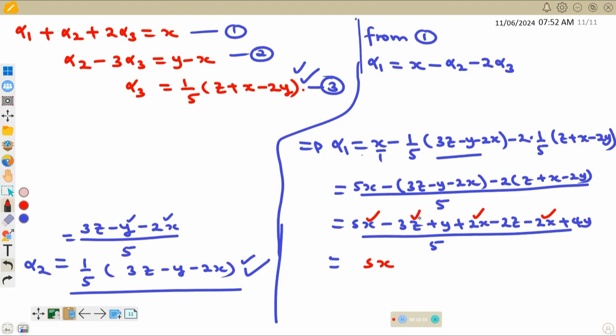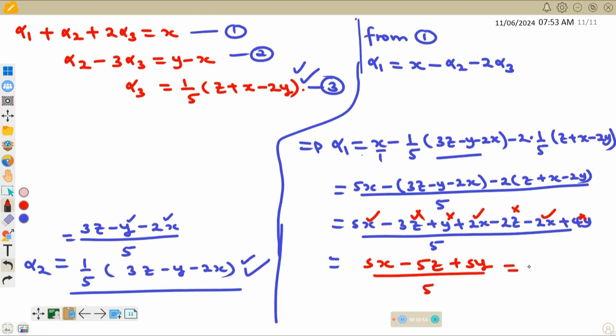Then this is minus 3z. This is minus 2z. So this will give us minus 5z. Then next, we remain with y. This is y plus 4y. Y plus 4y will give us 5y. Everything is divided by 5.